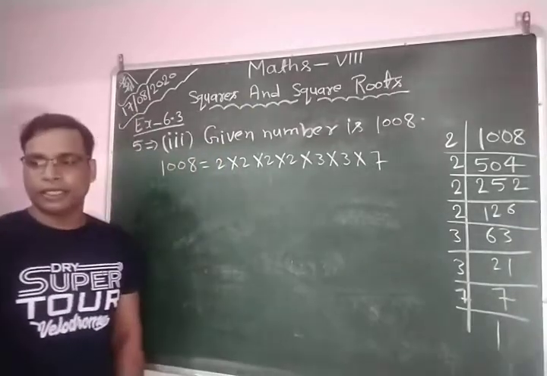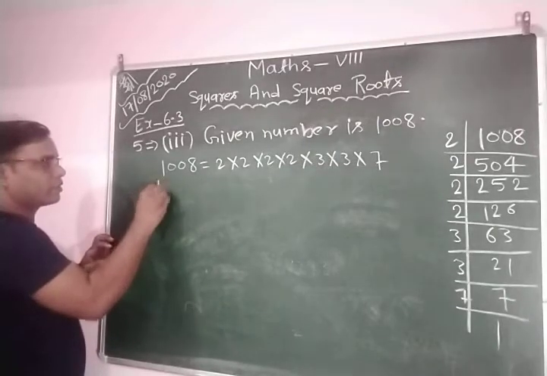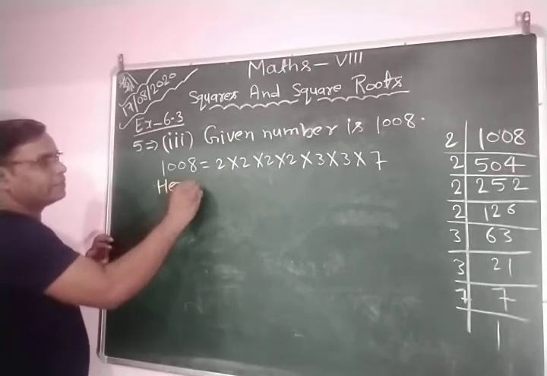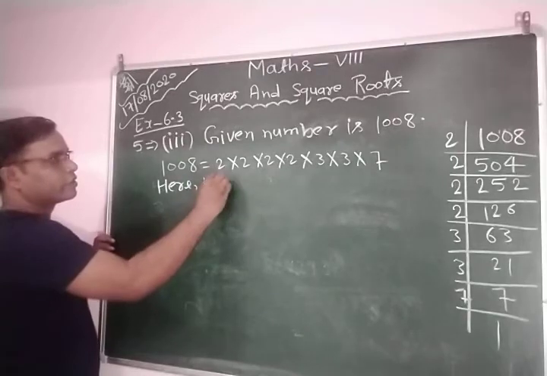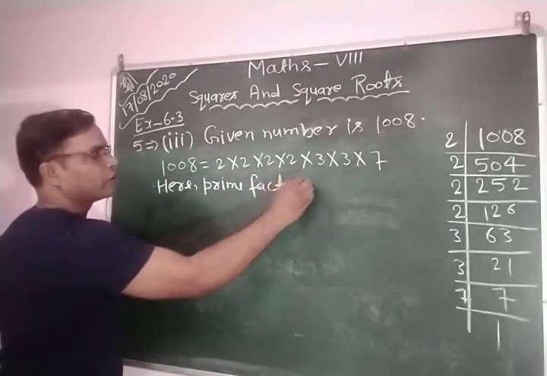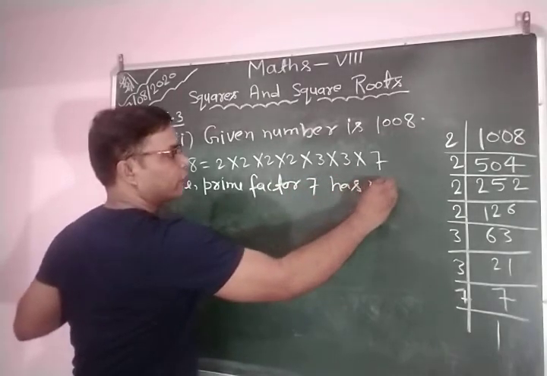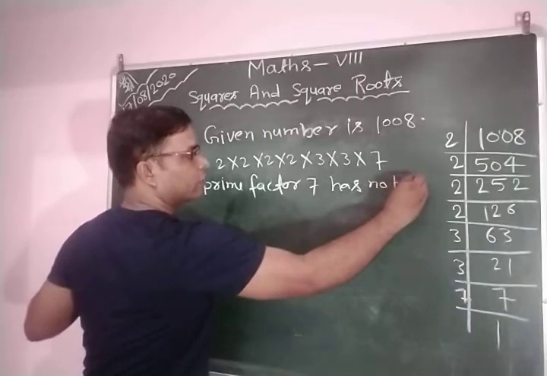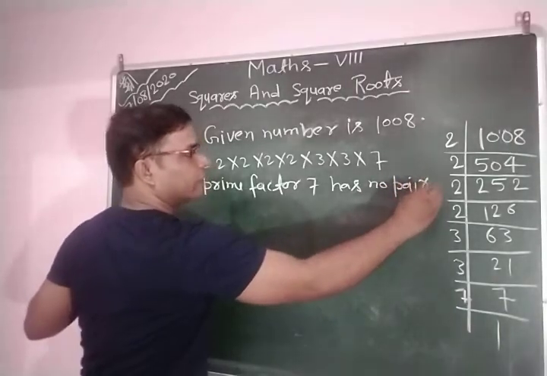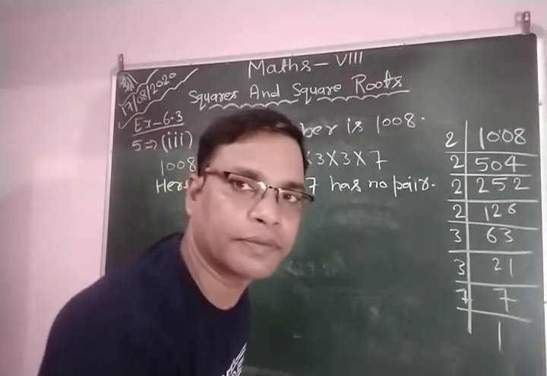So you can write here: prime factor 7 has no pair.